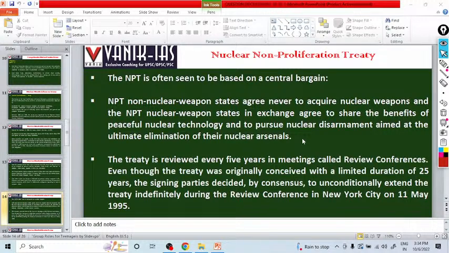So the condition was mostly on the non-nuclear weapon countries. They will not try to acquire nuclear weapons. It is a condition on the non-nuclear weapon states.